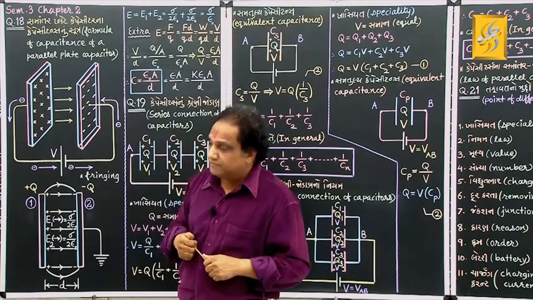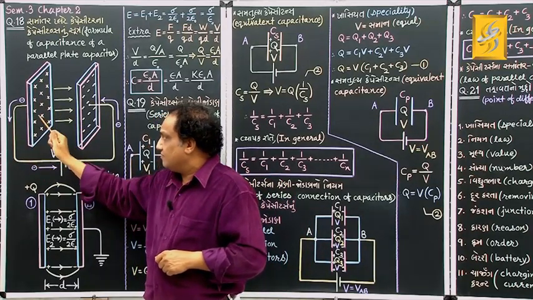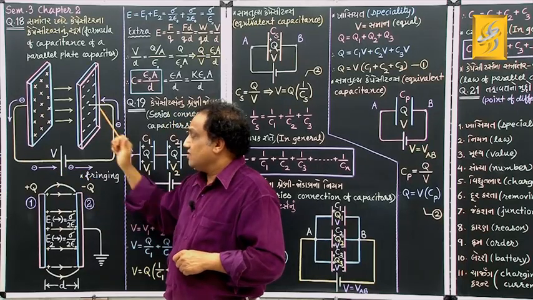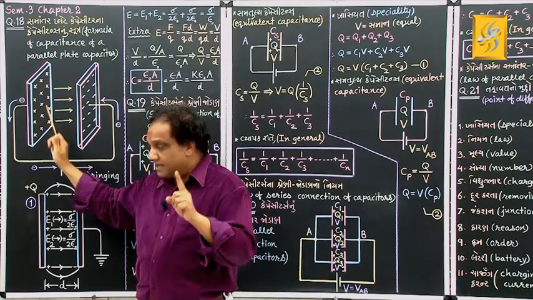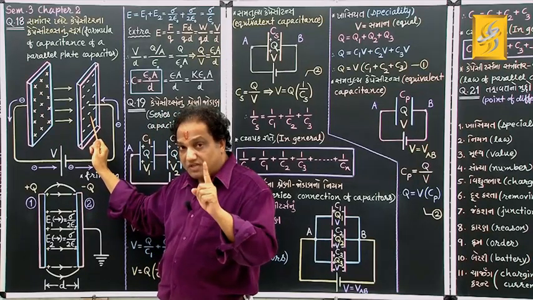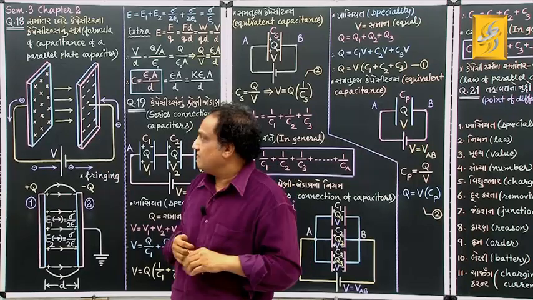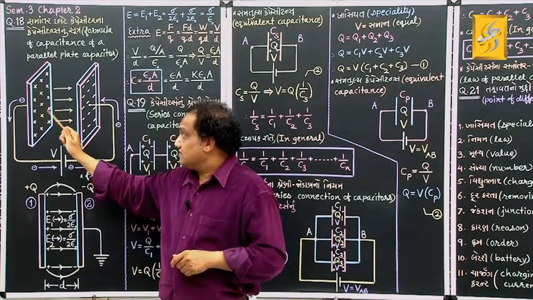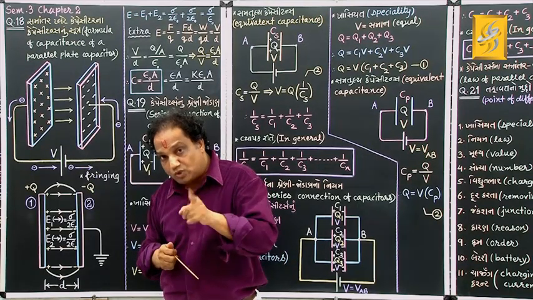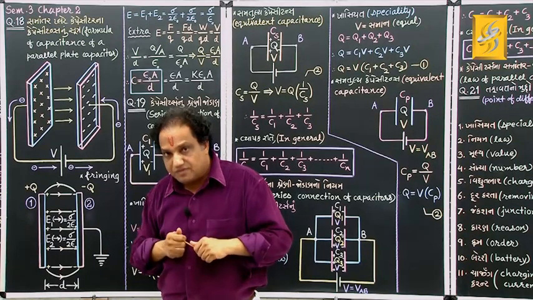And here what will happen? As more and more electrons get transferred from this plate to this plate, here positive charge will go on increasing and here negative charge will go on increasing with the same amount. Okay, fine. My dears, you must show the presence of charges on those two faces which are inside and which are facing each other.